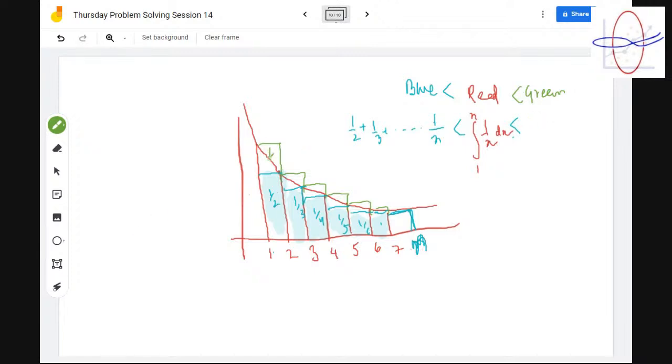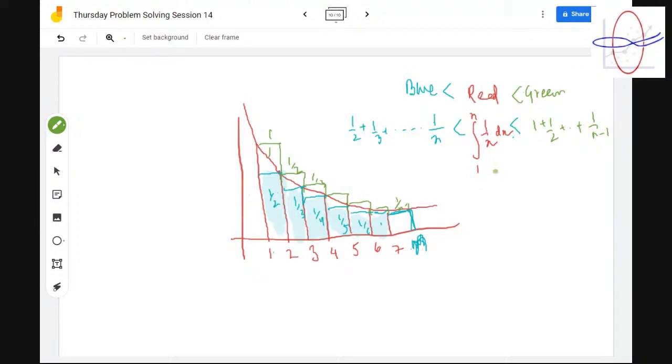It's 1, then half, then the height 1/3, and so on till 1 by n minus 1. So it's the sum 1 plus half plus dot dot dot 1 by n minus 1. Do you understand this calculation, all of you? Yeah, sure.